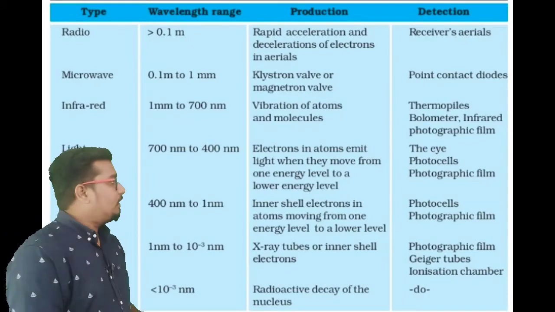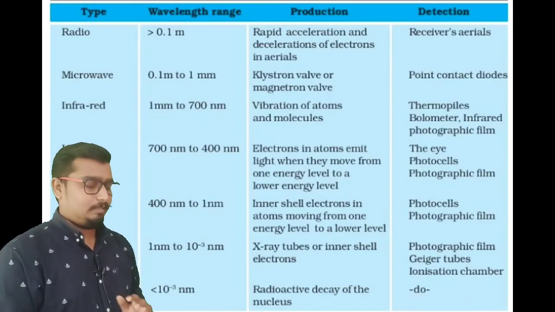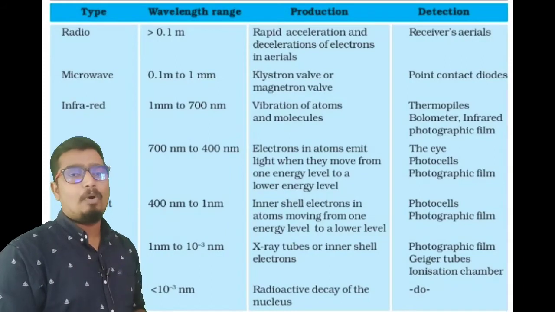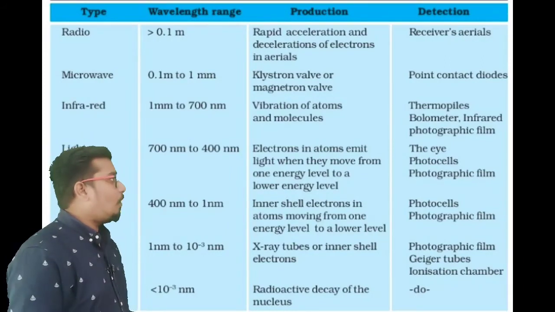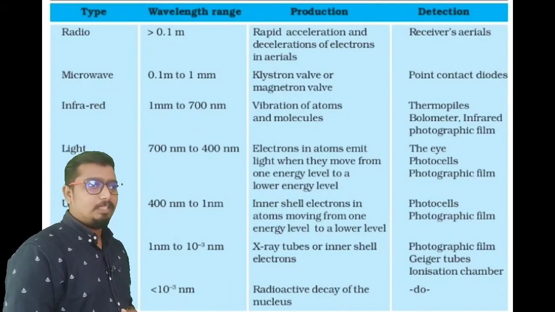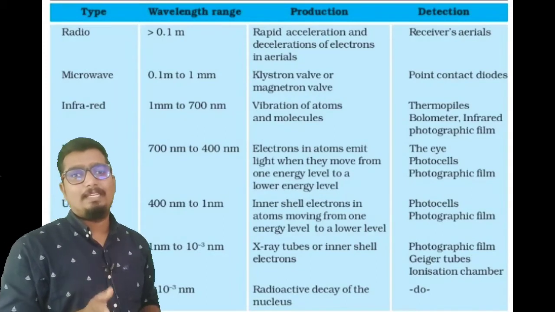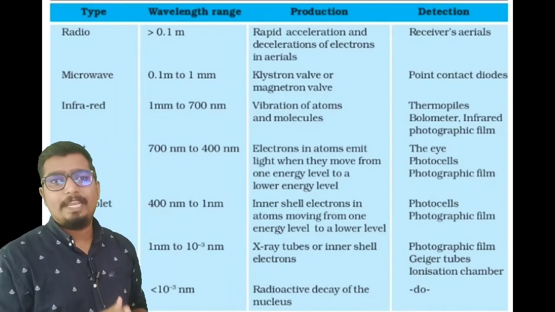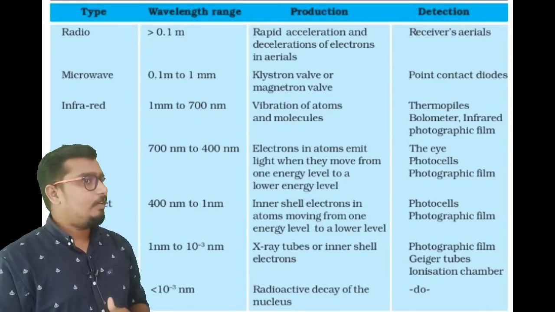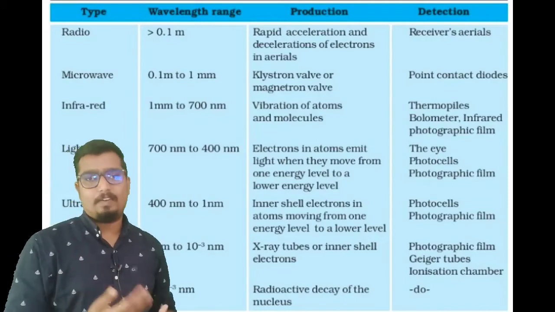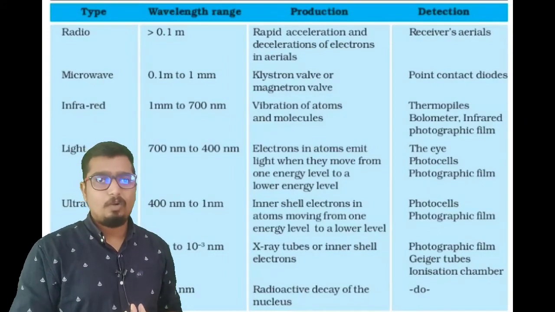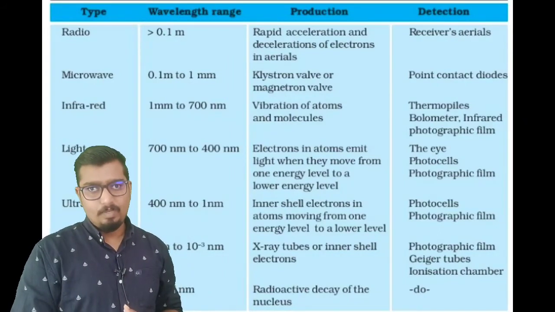The first one, radio waves. The wavelength of radio waves is greater than 0.1 meter. The production of radio waves is by rapid acceleration and deceleration of electrons in aerials.